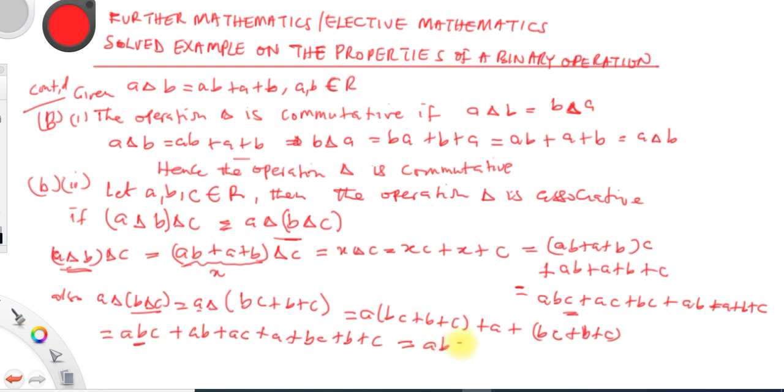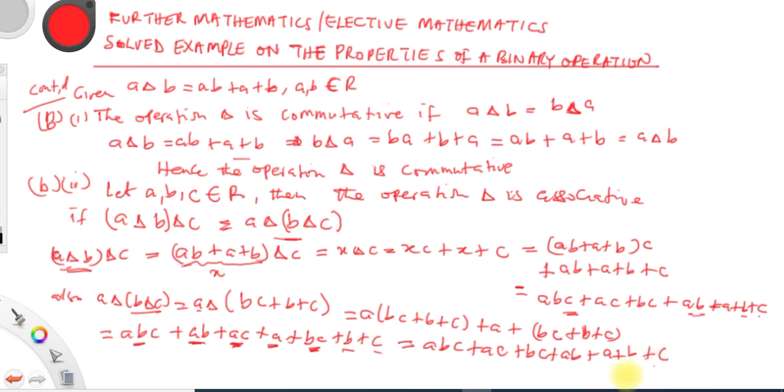We have ABC, then plus AC, then BC, then plus AB, then plus A, then plus B, then plus C. We are trying to rearrange to see whether we will get this.